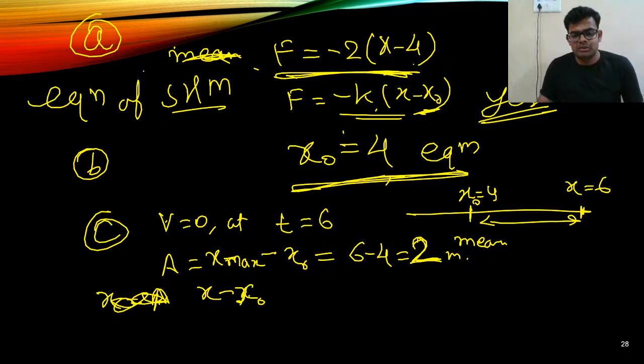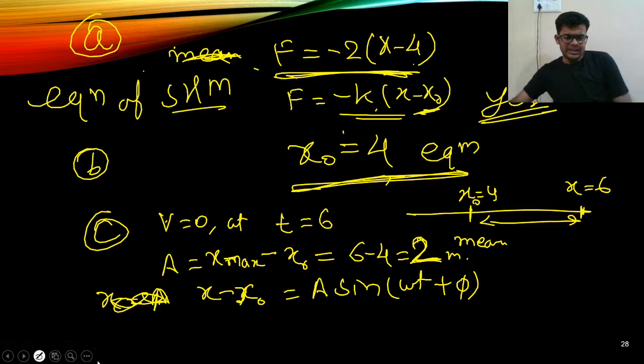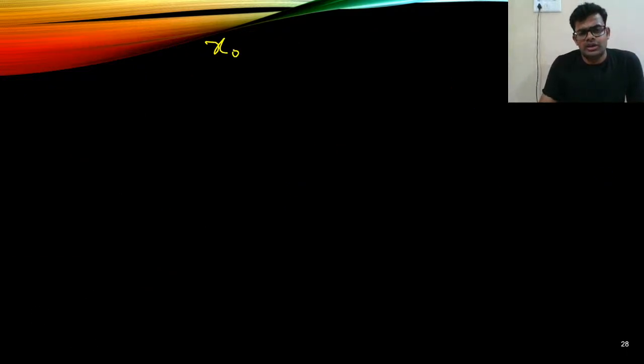It is about some mean position. So x minus x naught is equal to A sin(omega t plus pi). I think I need space, so I need to clear all these things. Okay. So listen, what I want to say is, I know x naught is equal to 4. This is the mean position.